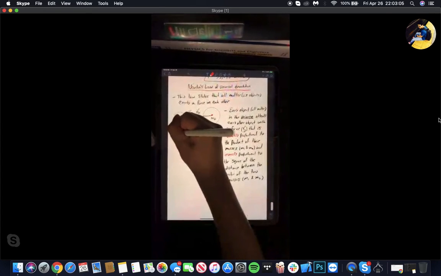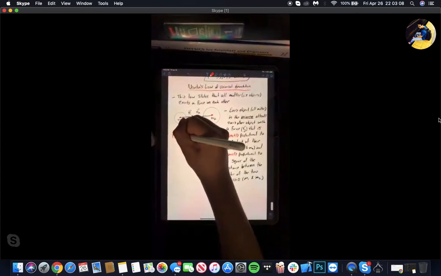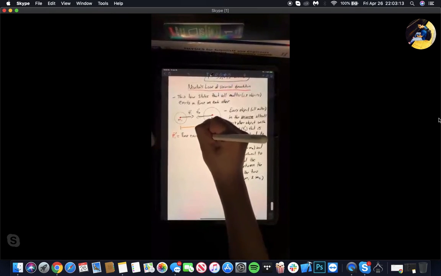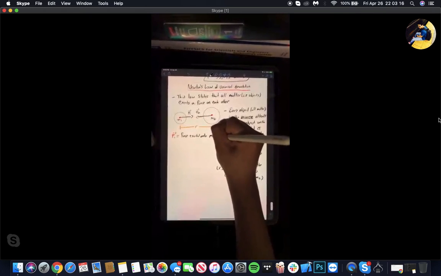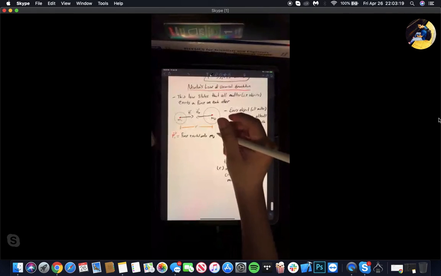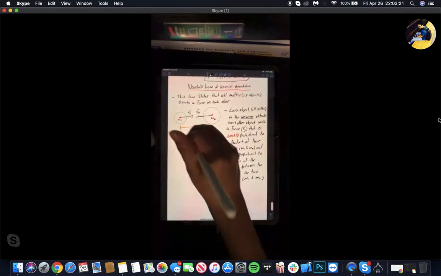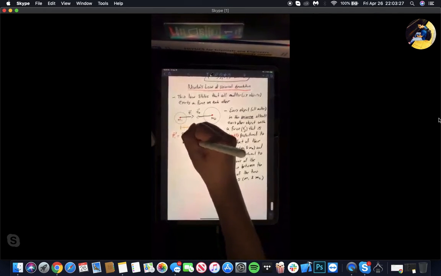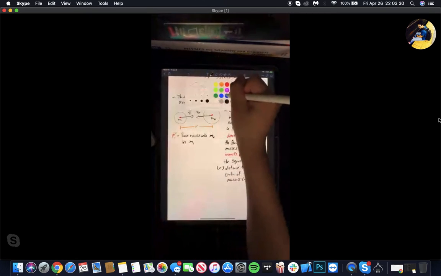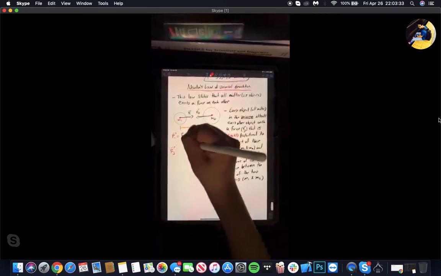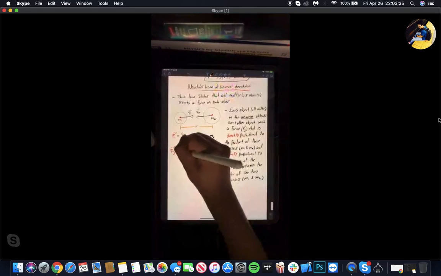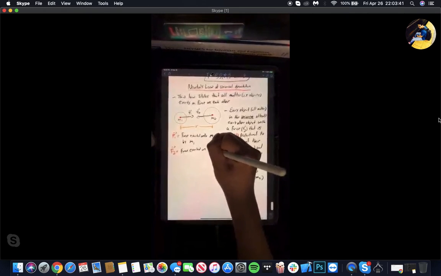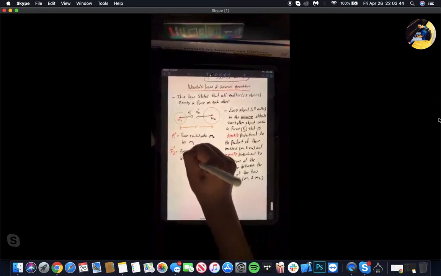So force 1 equals the force exerted onto M2 by M1, and force 2 equals the force exerted on M1 by M2.